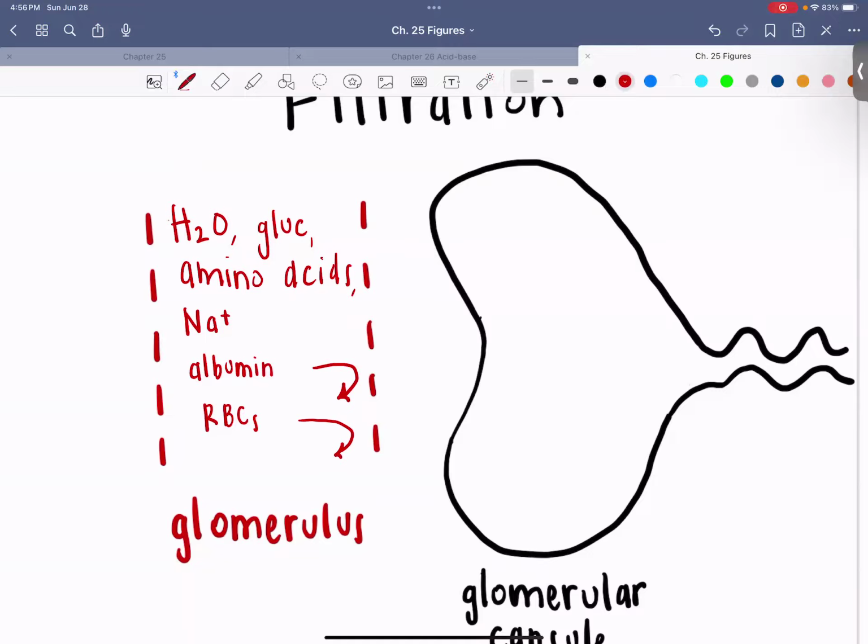Everything else, the water, the glucose, is filtered out and becomes part of the filtrate. So I'm going to abbreviate amino acids, sodium.